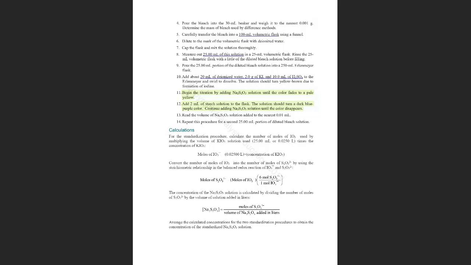So first it says you weigh the amount. We have that. And we carefully transfer the bleach into a 100 ml volumetric flask. That means that all our bleach is contained in 100 ml.